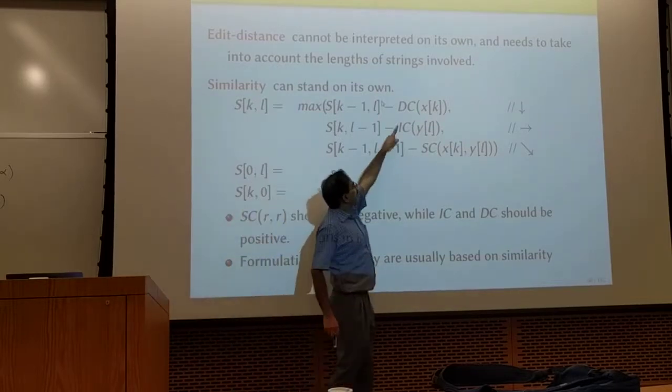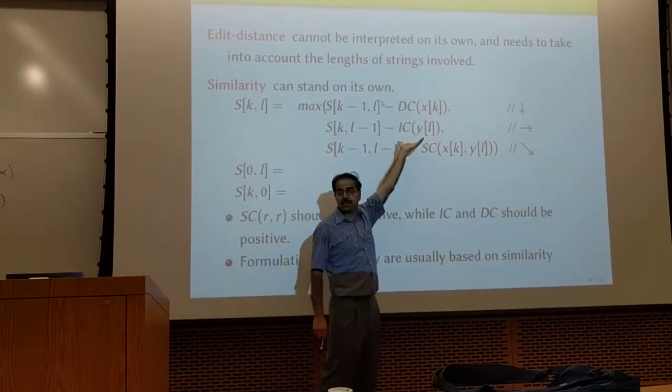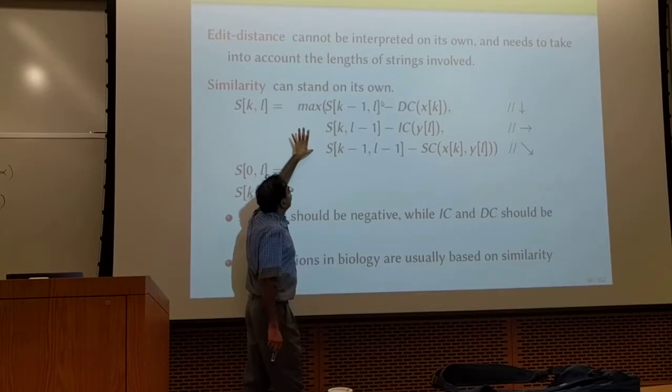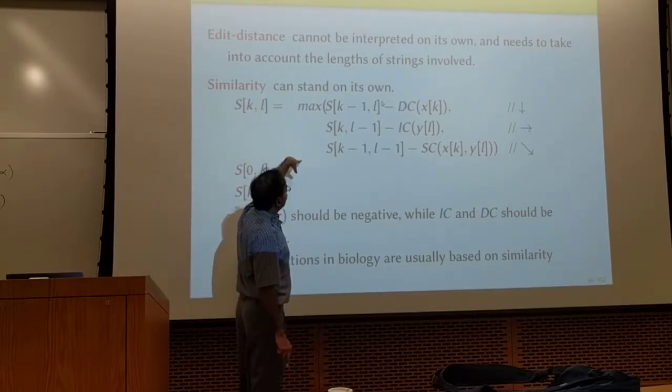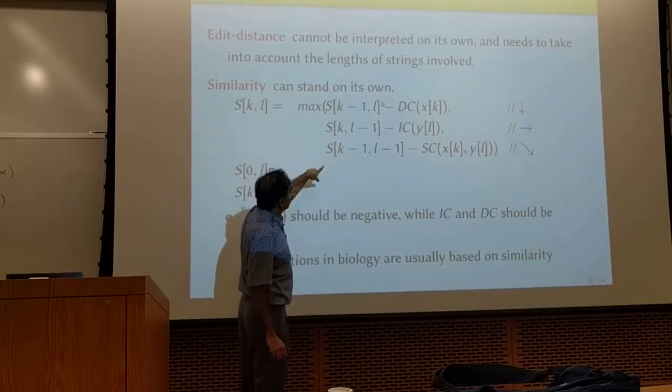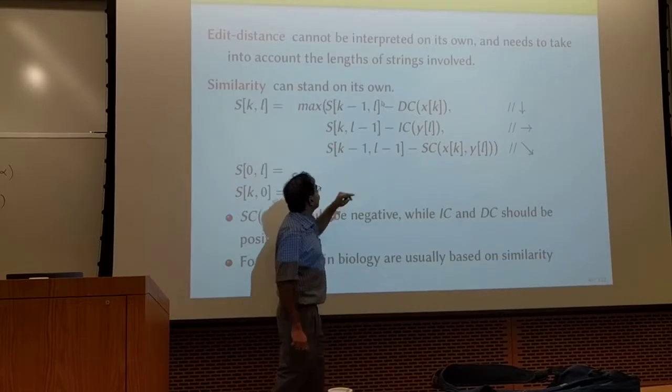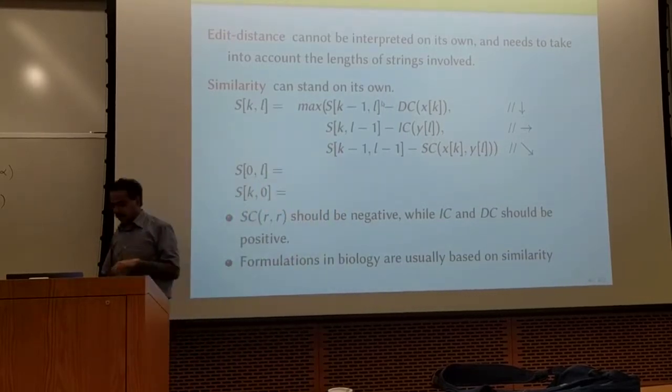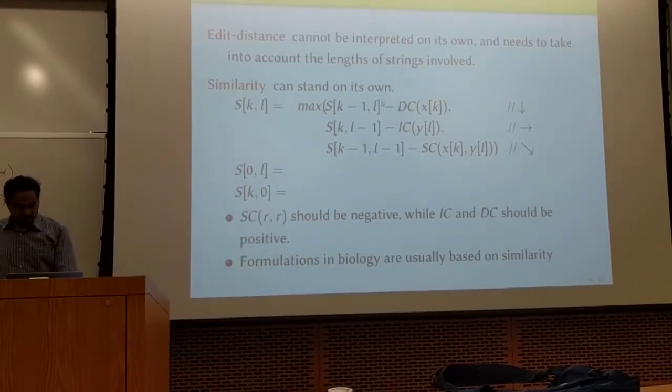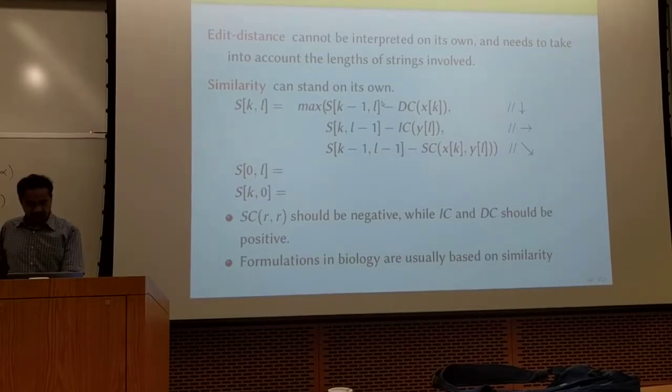As I said, the costs are negative. The costs are going to subtract from similarity, and when you have the 2 characters matching, then you have an increase in the value.